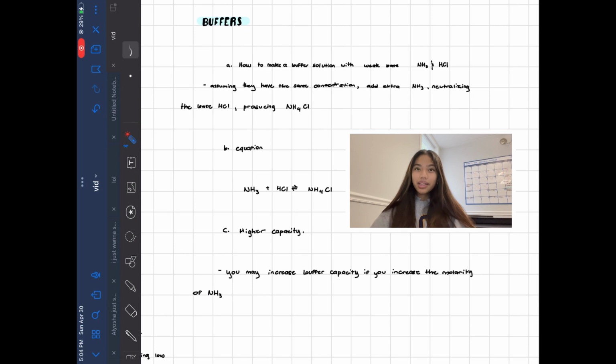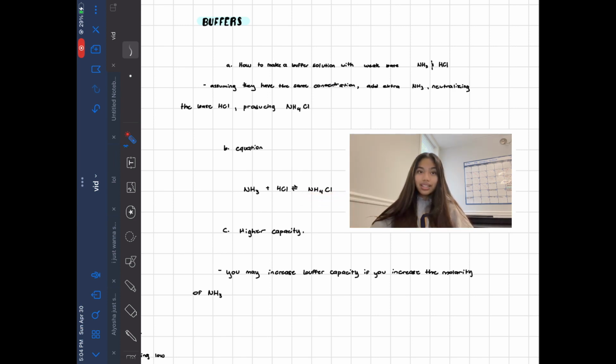Sorry, I think I might have said that HCl was a base. It is an acid, a very strong acid. And it would produce NH4Cl. This would be our equation. Although this is not balanced, we could add more NH3, which would produce NH4+.